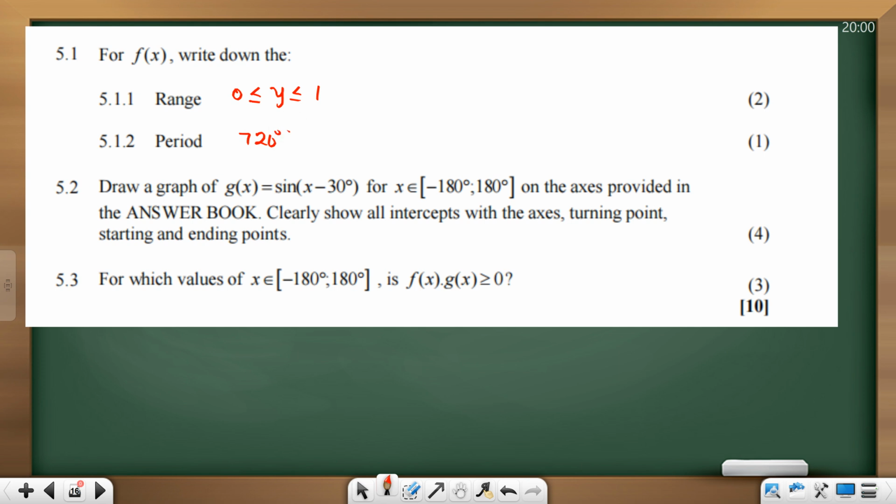Come, let's answer this one, then we go. Draw a graph of x sine x minus 30. What are we saying? Don't even stress. What's your step? I need your calculators quickly, everybody. I need those values. Mode, table, f of x is sine x minus 30. What's your start?